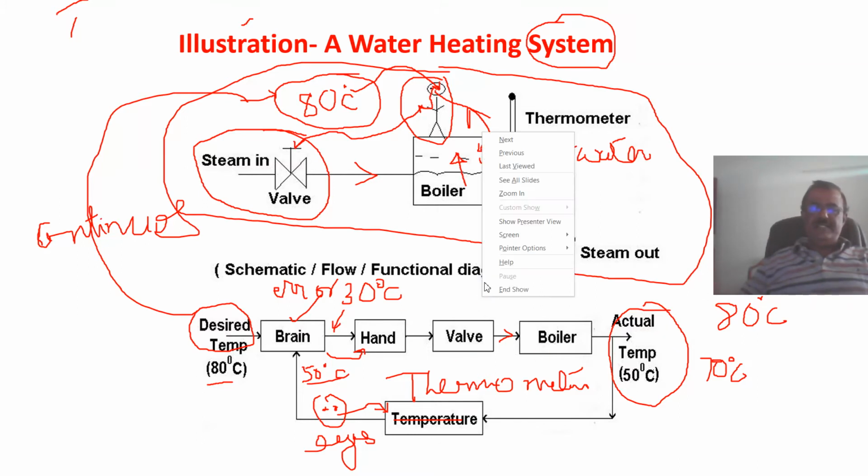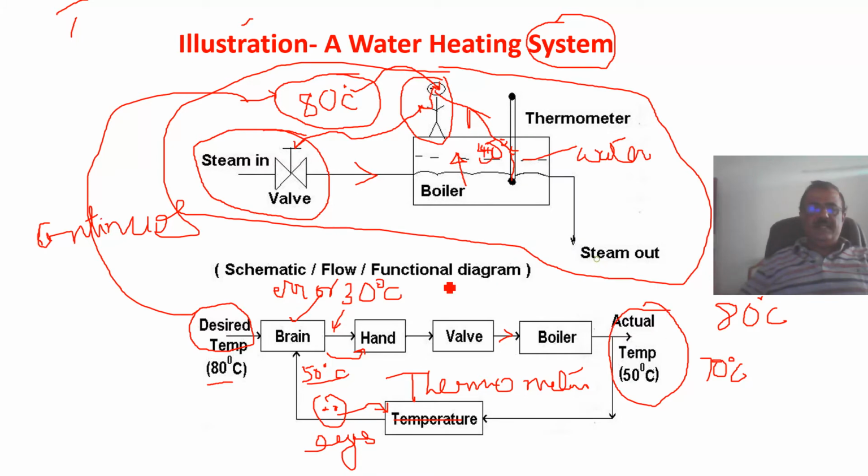Now once again let us see. Here the brain is where the desired value is set, and again through the eyes the information of the actual temperature flows in. It generates the error and initiates action.